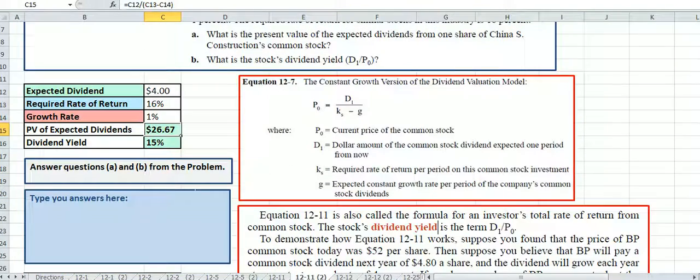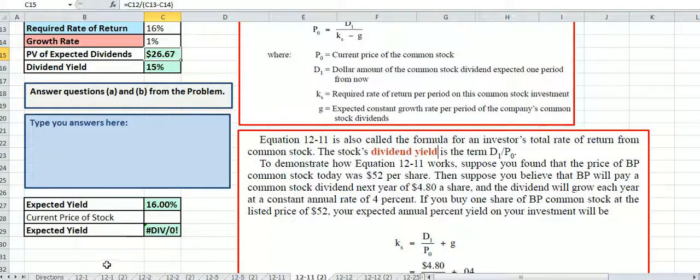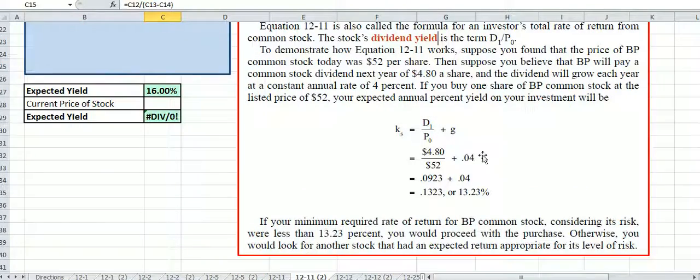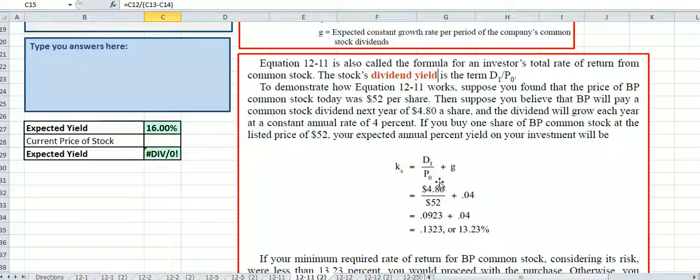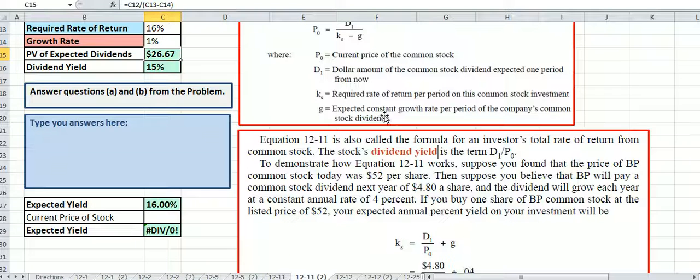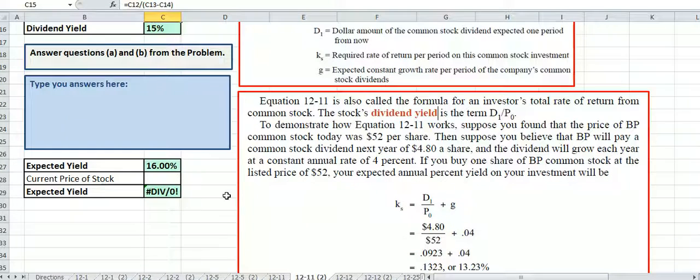If we come down and look at these formulas that I added down here, and at what the book says about the dividend yield, we want to look at Ks, which is the required rate of return in the market, which in this instance is 16%.